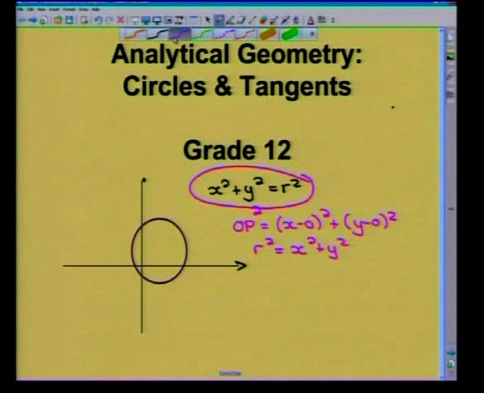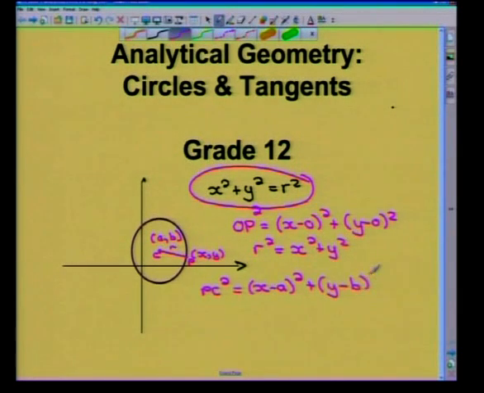Now, what we would do is we would call this center now the coordinate (a, b). Now, if I'm looking at it again, I have a radius, and somewhere over here I have a coordinate on the circumference (x, y), which could be anywhere on the circumference. Let's call this C for center and P for point, very imaginative. And we can now say that PC squared is equal to (x minus a) all squared added to (y minus b) all squared.